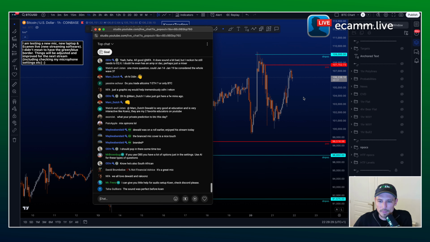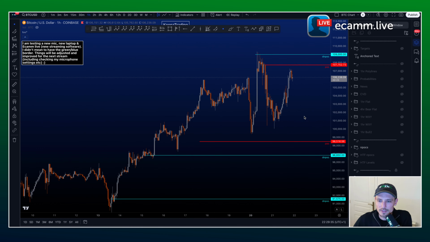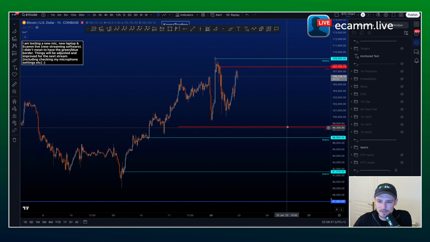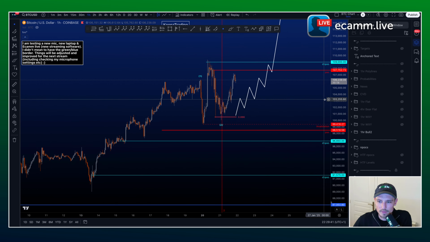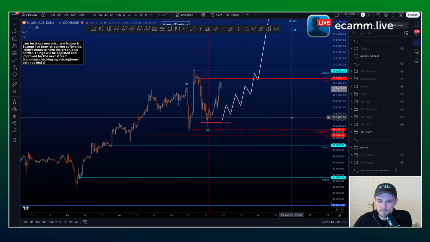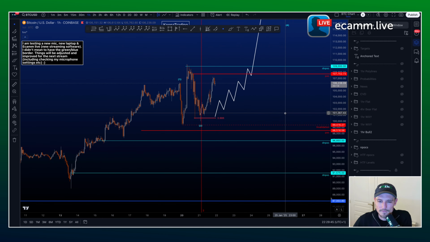But yeah, it's a corrective structure. WXY has a bit of a higher probability than the 1-2. So the 1-2, by the way, would be this. It's a running flat, right? Now this is a very short wave 1 and wave 2, or actually a very short wave 2.